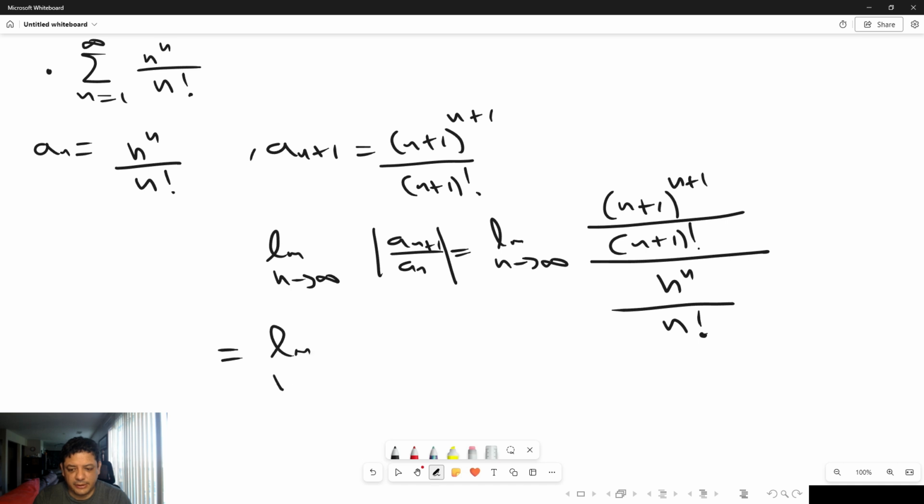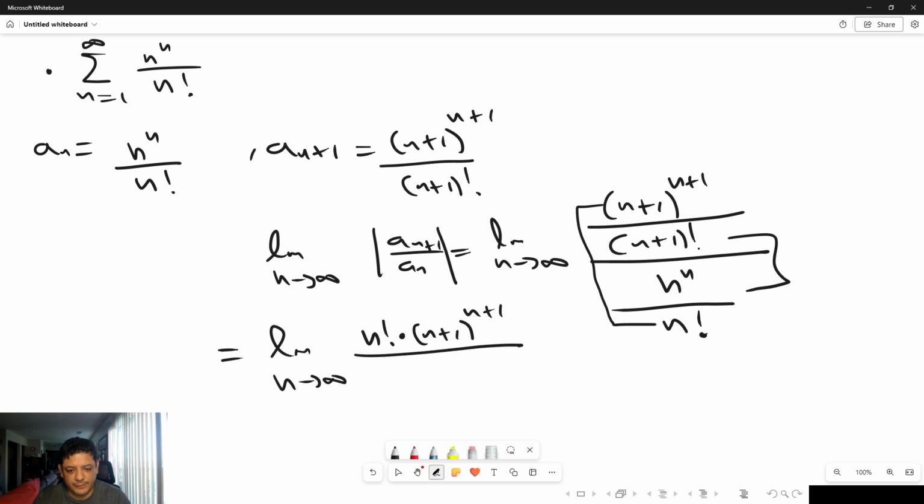So now, limit when n goes to infinity, we multiply the numerator by the reciprocal of the denominator. This is n factorial times n plus 1 to the n plus 1 over n plus 1 factorial over n to the n.